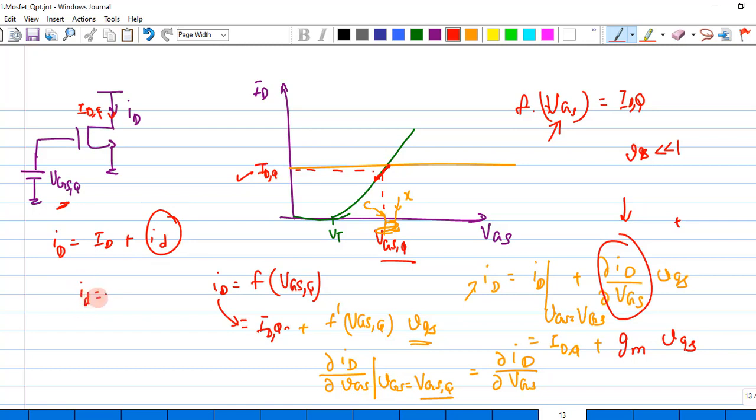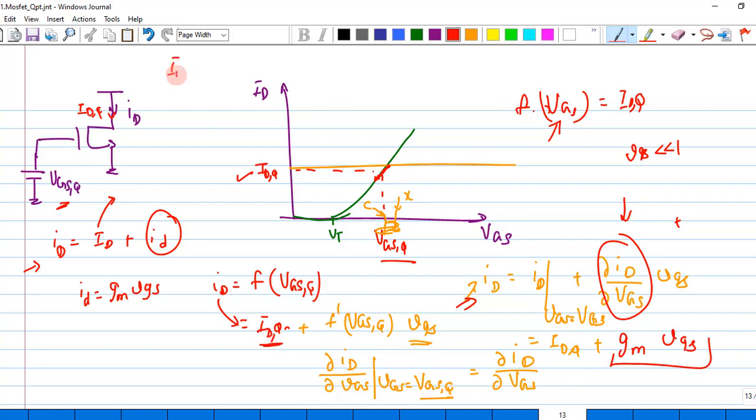What is the relation that they share between this quantity and this quantity? The small ID is nothing but GM VGS. How will I expand this term? This ID, because it's also a function of VGS, how will I write that function? The capital ID, what is this then? Half Kn dash.